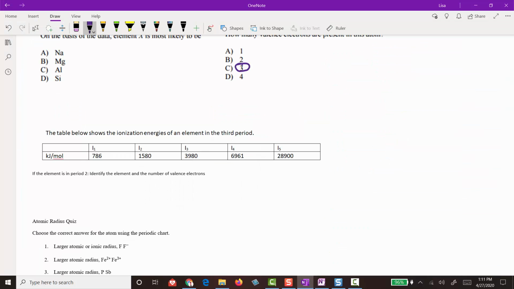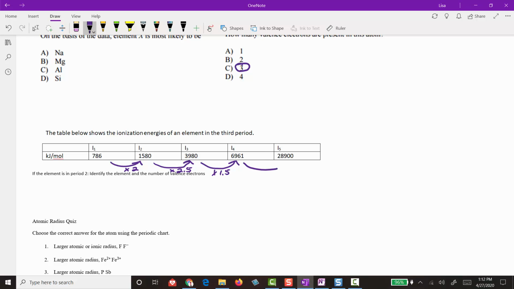All right, so looking at here, we got here to here, it's almost doubled. Here to here, that's maybe 2.5, a little bit more. Here to here, that's maybe 1.5.